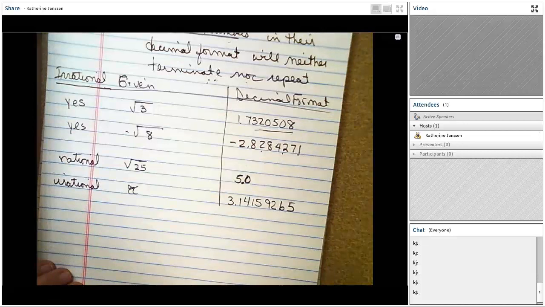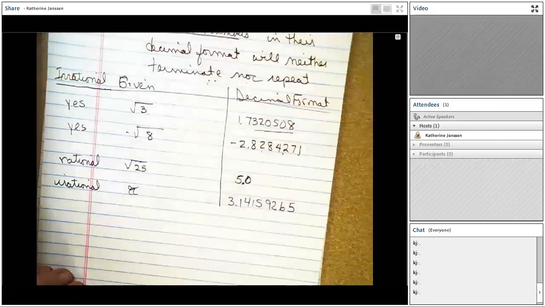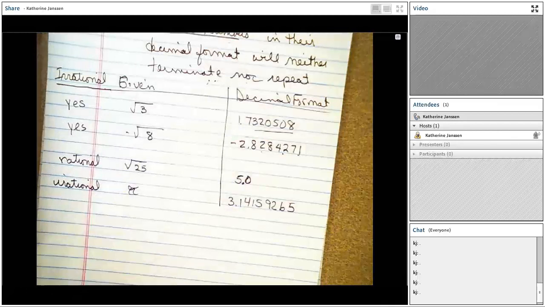Does it terminate or repeat, or does it not terminate nor repeat, to determine if your given number is rational or irrational. A couple of tests that you have to practice so you can determine if a given number is rational or irrational.